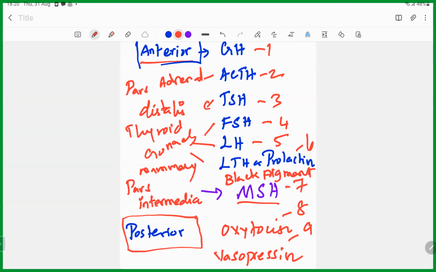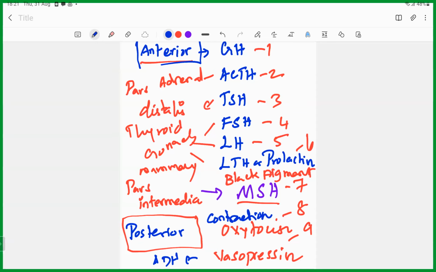And then oxytocin, the contractile hormone, causes contraction of the uterus. Vasopressin is also called ADH. ADH means antidiuretic hormone. What is diuresis?